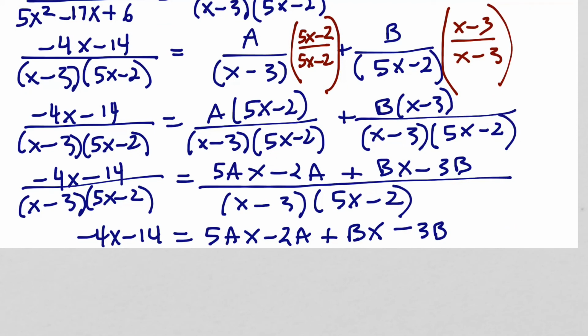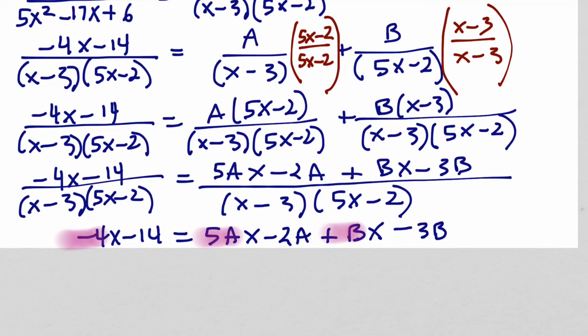So I've got my equation now, and from this equation, I'm going to set up a system of equations to solve based on the coefficients of the terms on both sides. So I'm going to use my highlighting again. So I'm going to highlight the coefficients of the x terms. So negative 4 must equal 5a plus b.